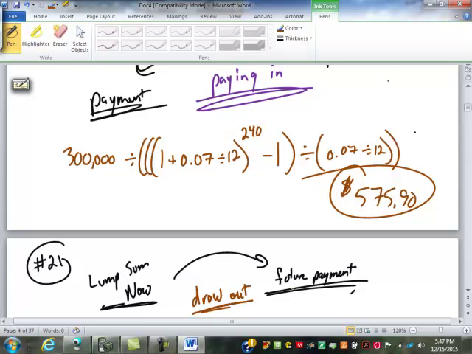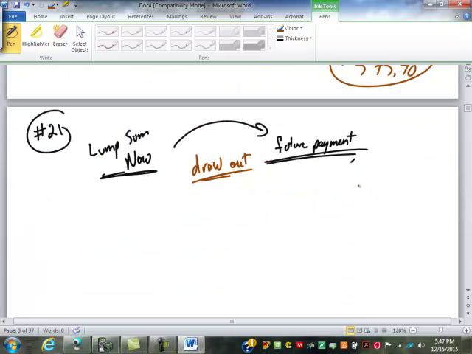So we are going to have that extra factor at the end of our formula here. We still have the lump sum, so we're going to divide it. So it's 600,000 divided by open parentheses, 1 plus our interest rate, 0.06.